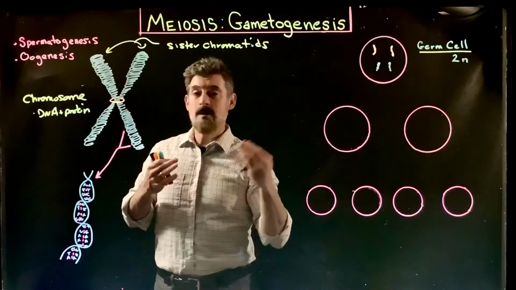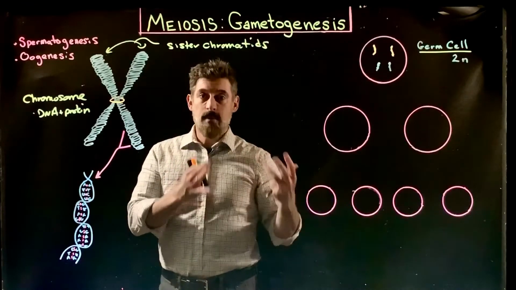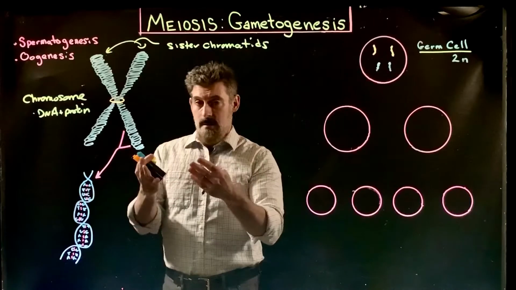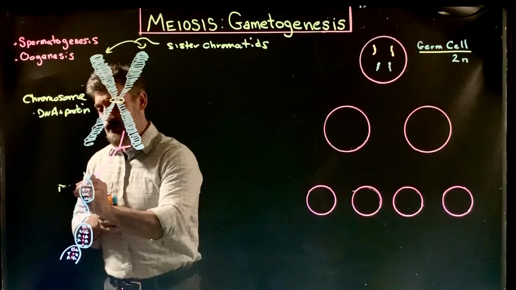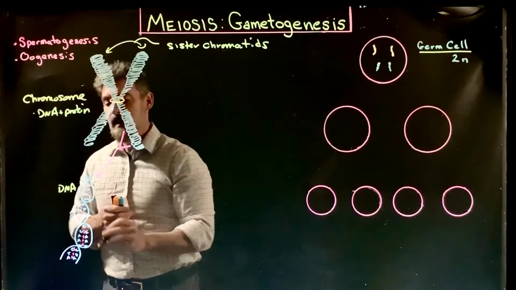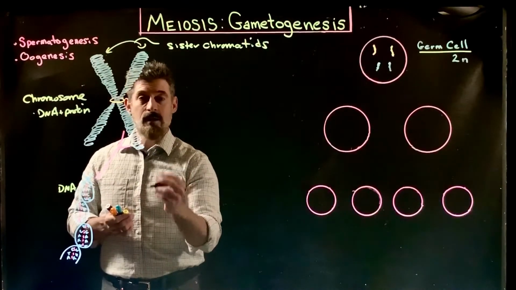So the chromosome is our DNA, and that DNA is organized with proteins into the chromosomal structure. You have the underlying double-stranded DNA structure, and then DNA replication occurs. When DNA replication occurs, you get two.